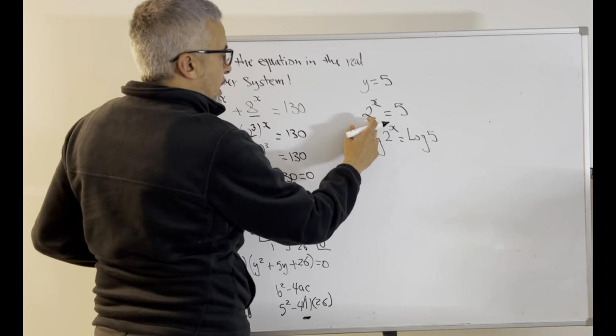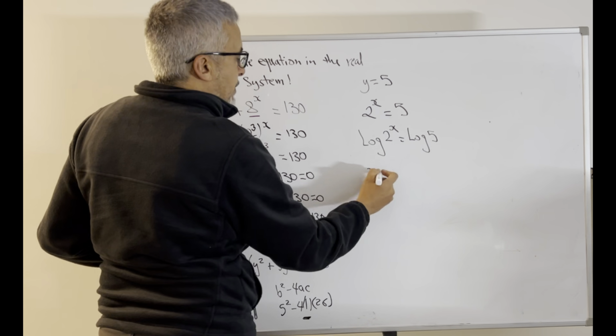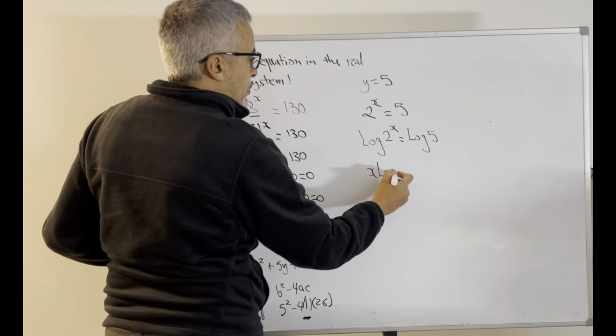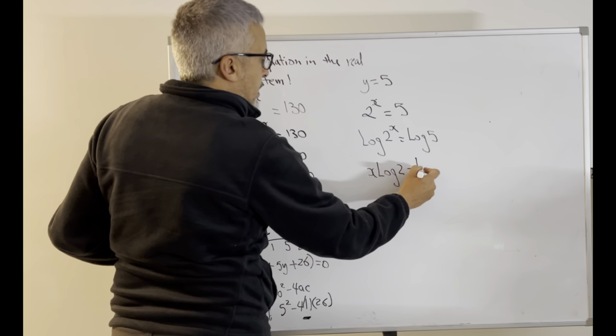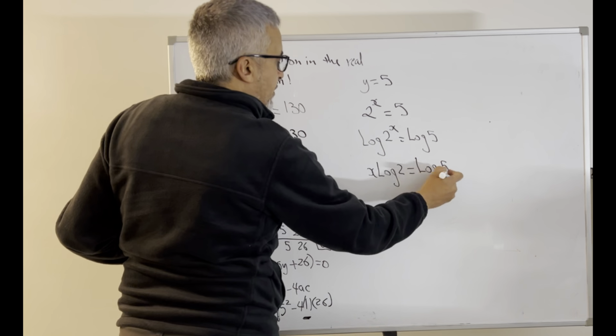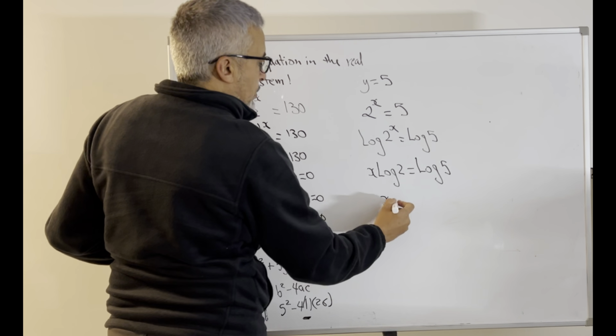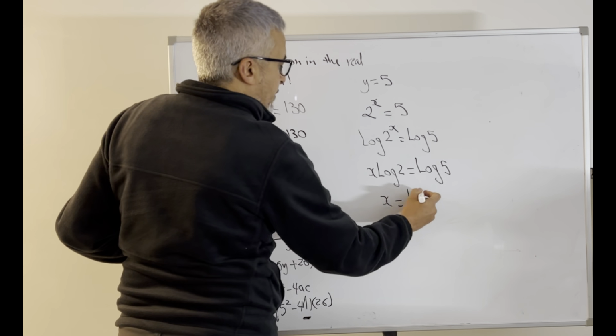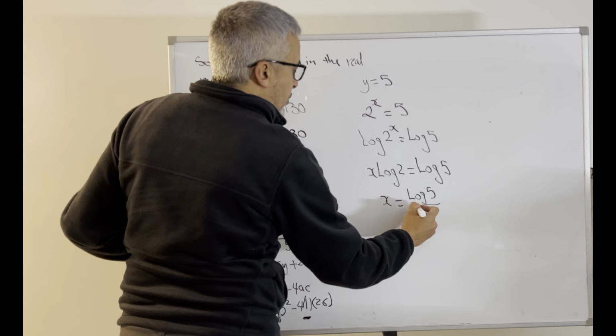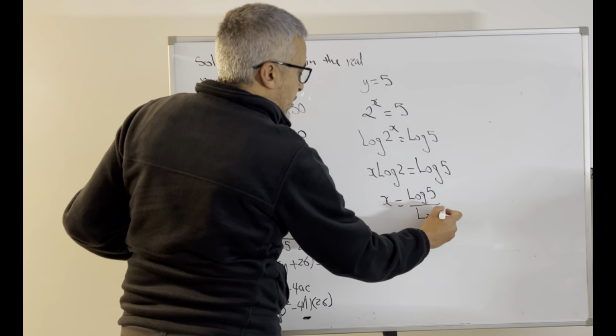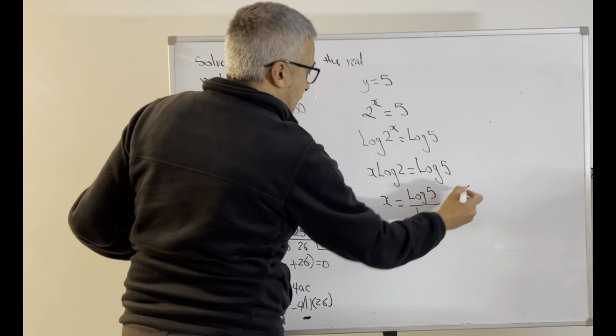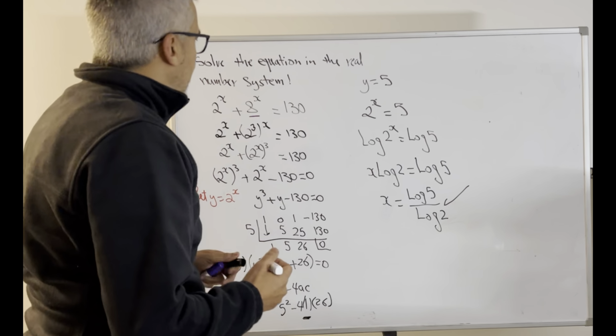Logs allow us to bring the x down, so that's gonna become x log 2 equals log 5. Divide both sides by log 2, and therefore x equals log 5 over log 2. And we will leave the answer in exact values. And that's the answer for this.